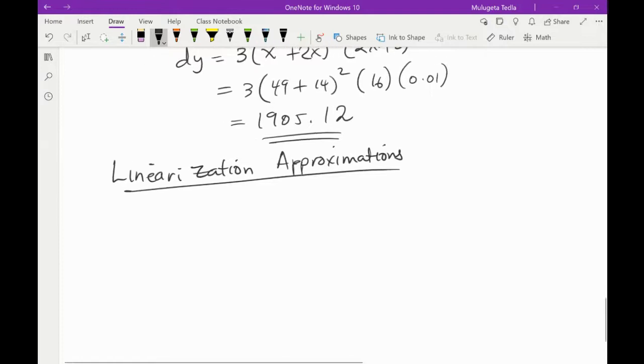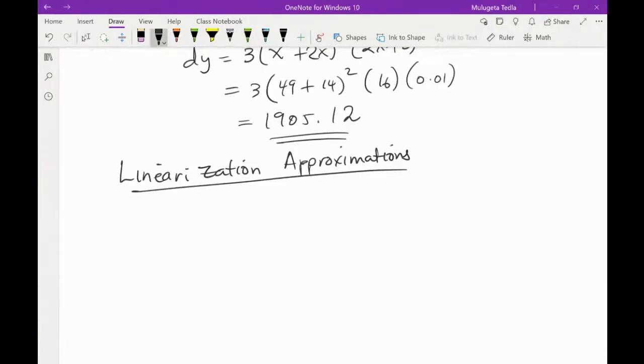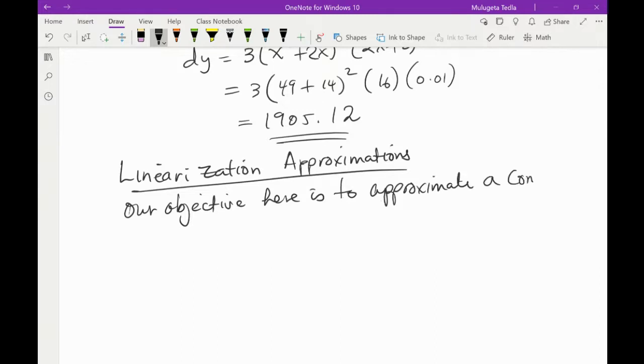Our objective here is to approximate a complicated function, well, complicated is relative, using a linear equation, a linear function.